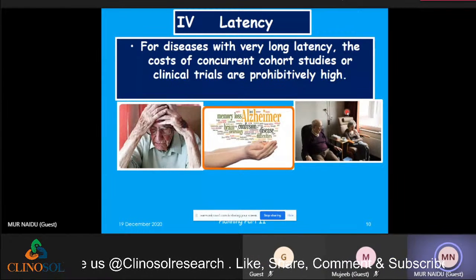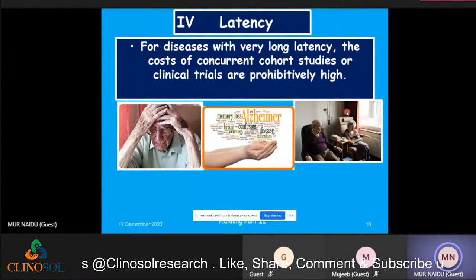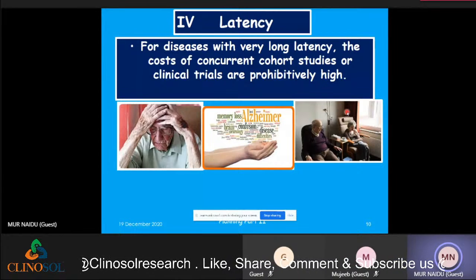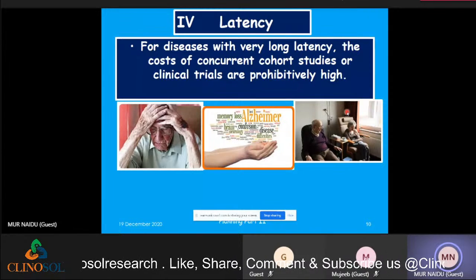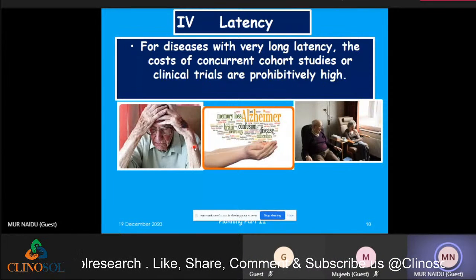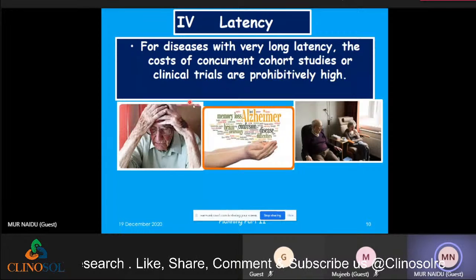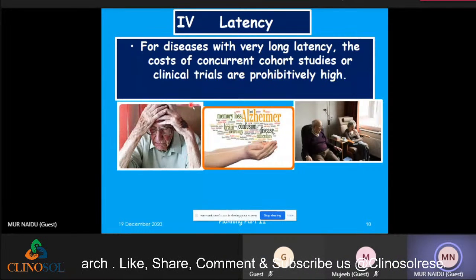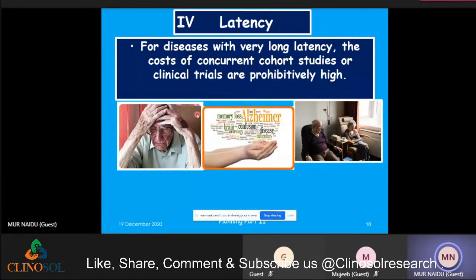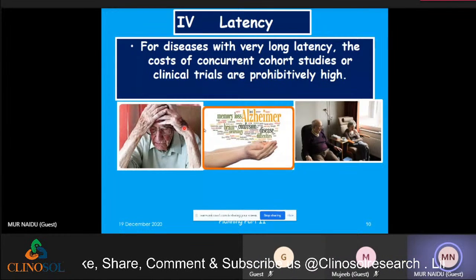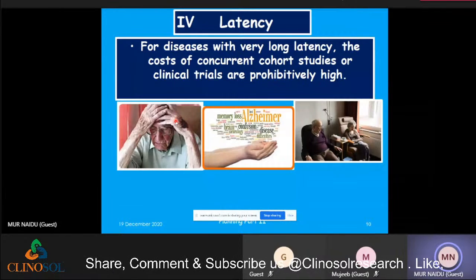They may not identify that they are developing Alzheimer's disease. Slowly the memory loss will increase. After 4 or 5 years, they become a classical patient of Alzheimer's disease. Now they don't remember anybody. They don't even remember their name. It takes a very long time.